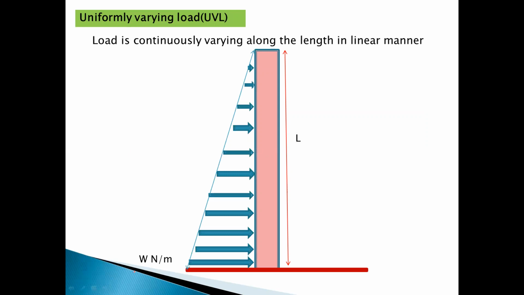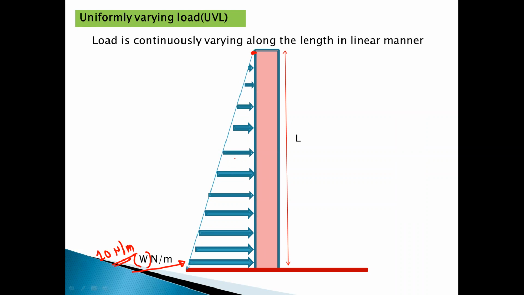So at this point, we have the maximum intensity. So right now the intensity is given as W Newton per meter. Okay. So here W can be 10 Newton per meter. Okay. And this intensity is gradually decreasing up to this point.